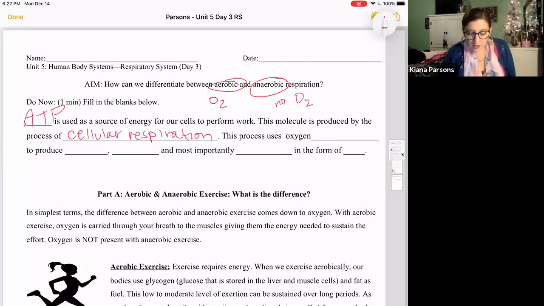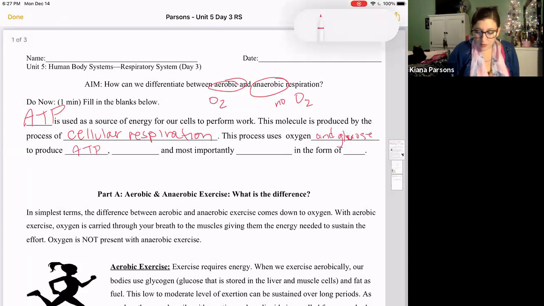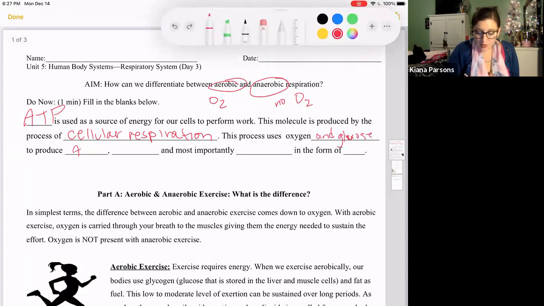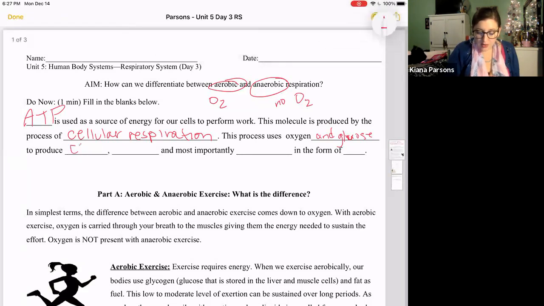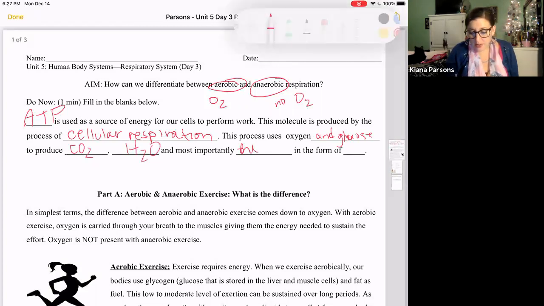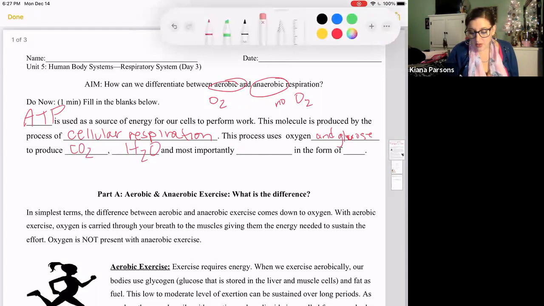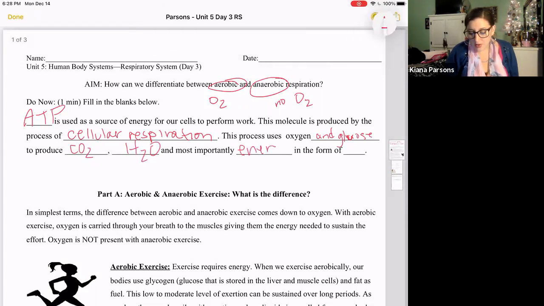This process uses oxygen and glucose to produce carbon dioxide, H2O, and most importantly, energy in the form of ATP.